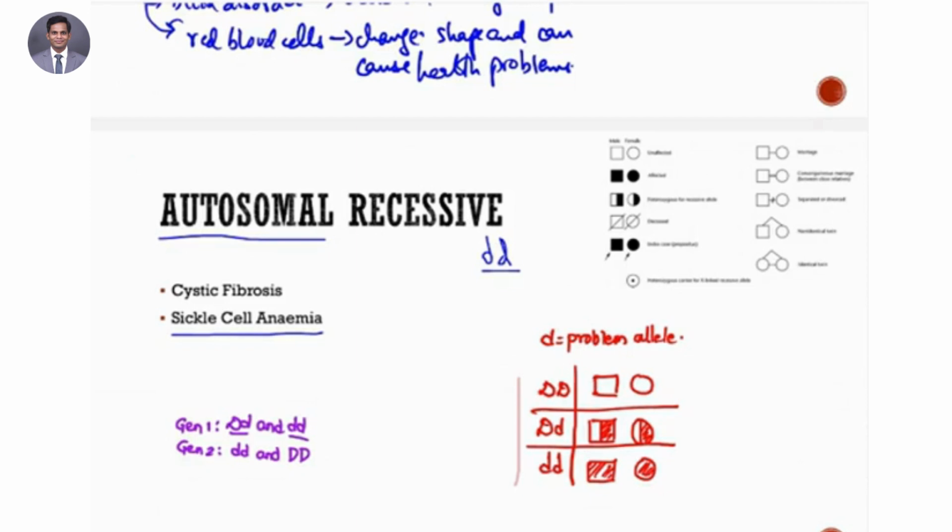I think everybody got it right. Two are unaffected and only one is affected. Only the first two are unaffected. Only lowercase d, lowercase d is affected. All of you are correct. So you've understood it completely till here.